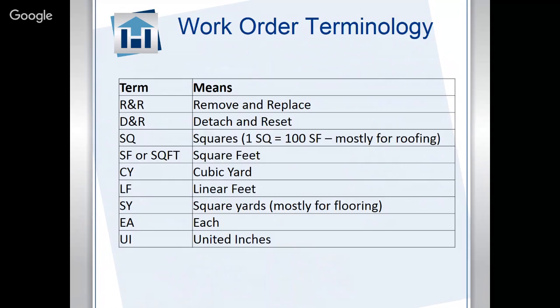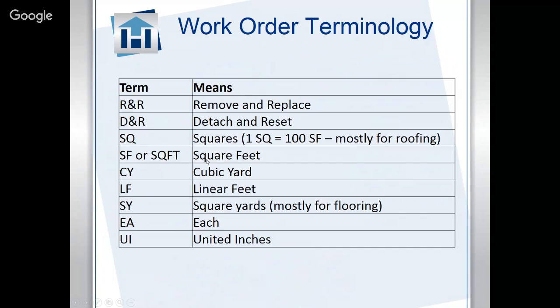This is a measuring term here. Squares are typically used on roofs. Instead of saying we've got a roof that's 3,200 square feet, those that do roofs will say I have a roof that is 32 squares. They just take off the zeros, using this 1 to 100 ratio. So again, 1 square is 100 square feet, so make sure you never get that mixed up.